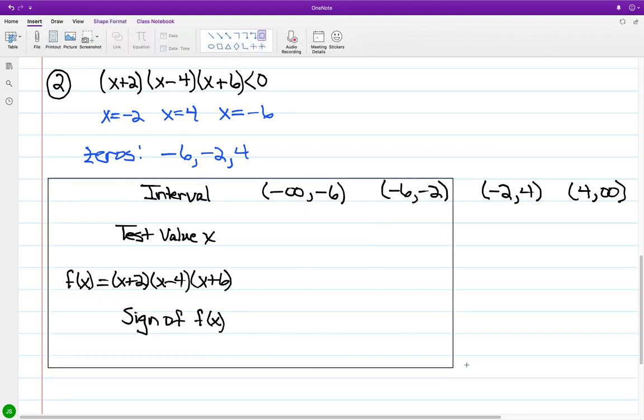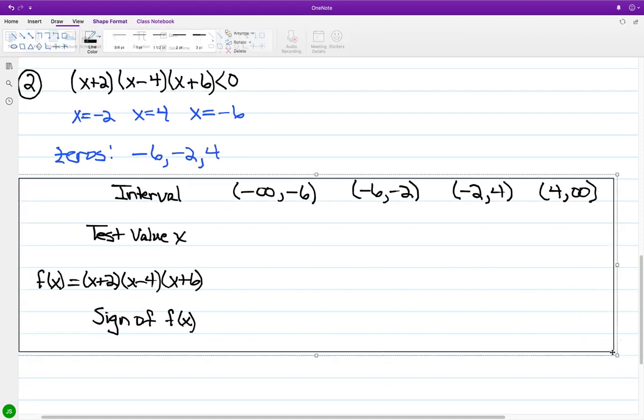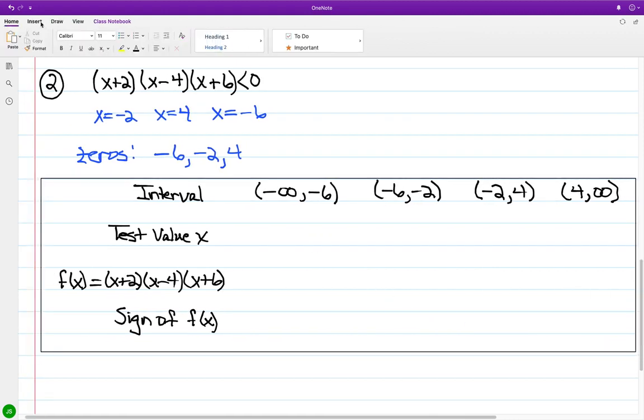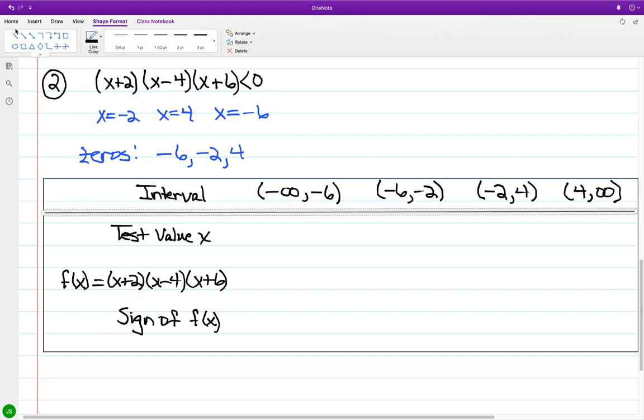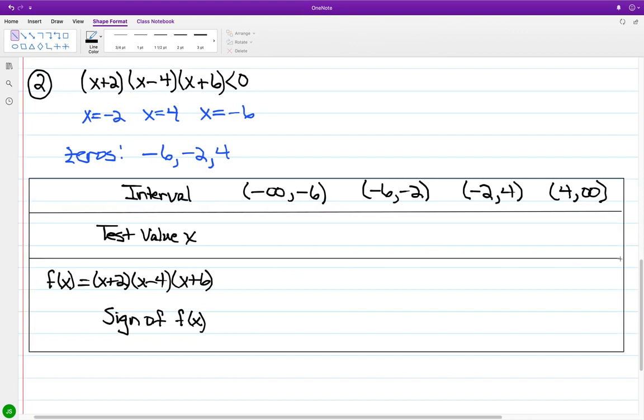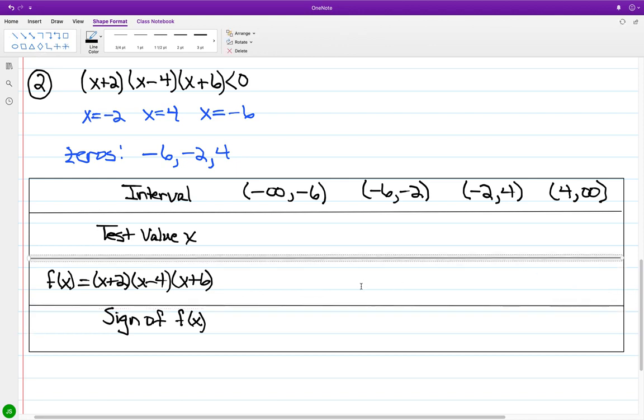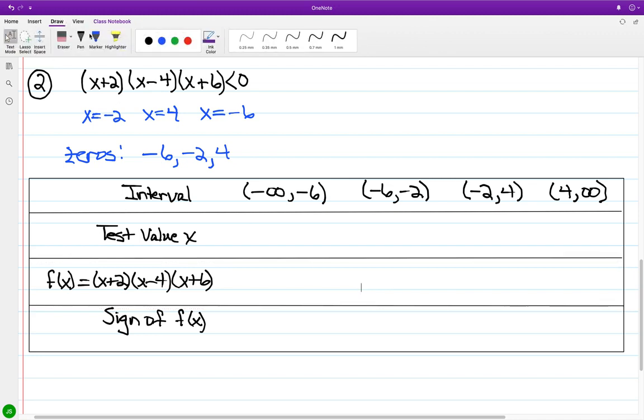All right, so in forming the table, we're separating the rows and the columns.